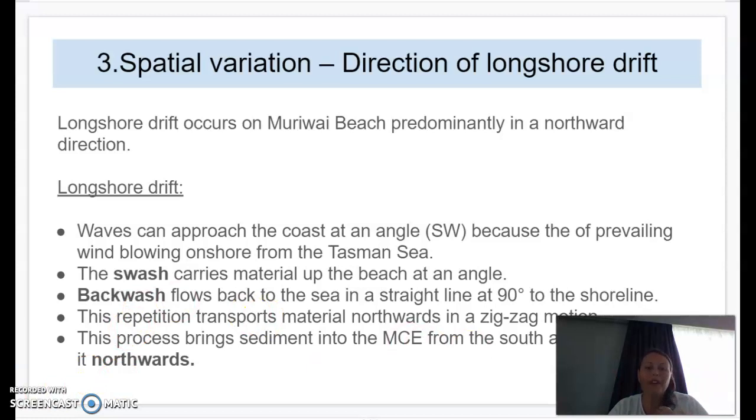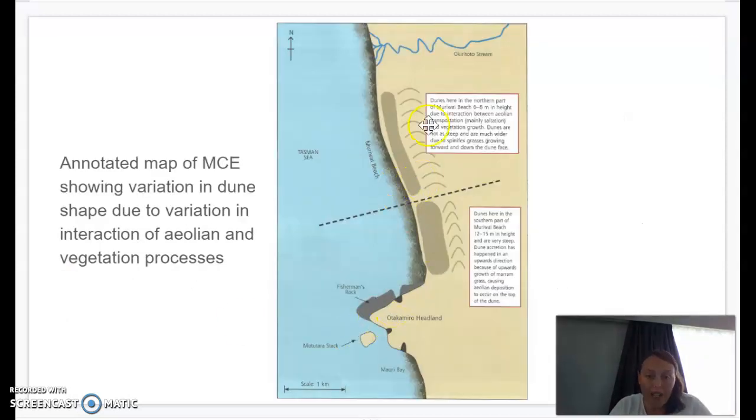What happens from 500 metres north of the headland all the way up to Okaritoto Stream: in this area here, we get very uniform longshore drift. So we get what is typical for the west coast of New Zealand, where we get the longshore drift carrying the sediment up there, and then swash and backwash can happen in what we call a normal pattern.